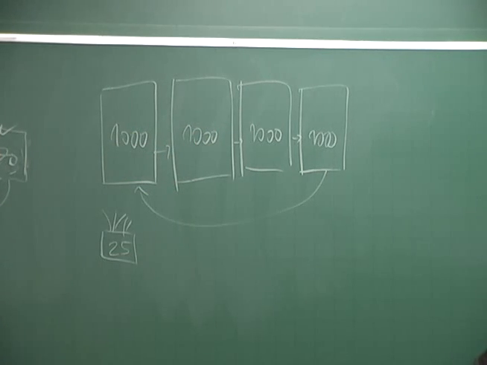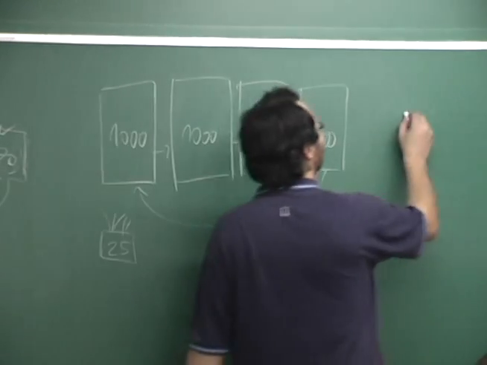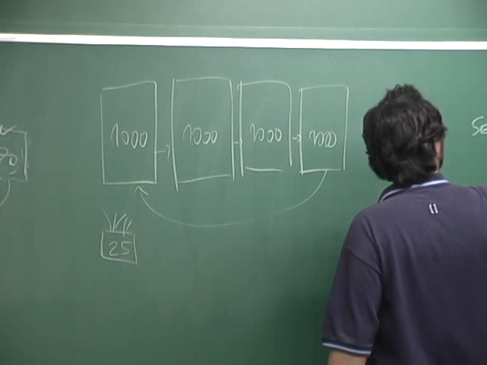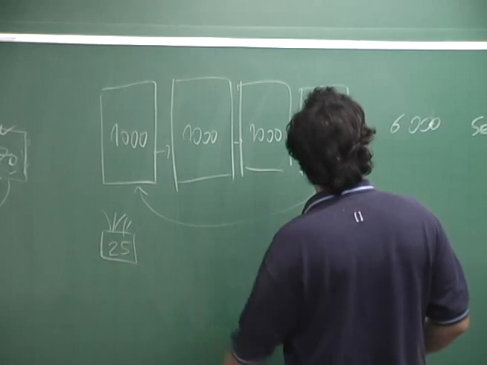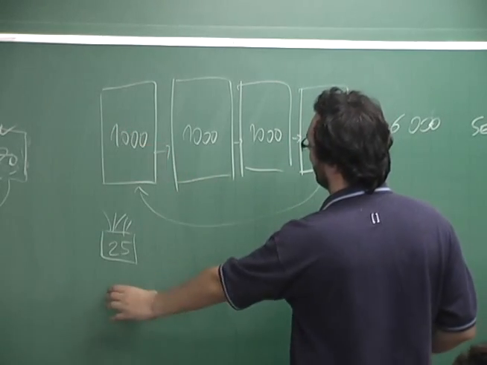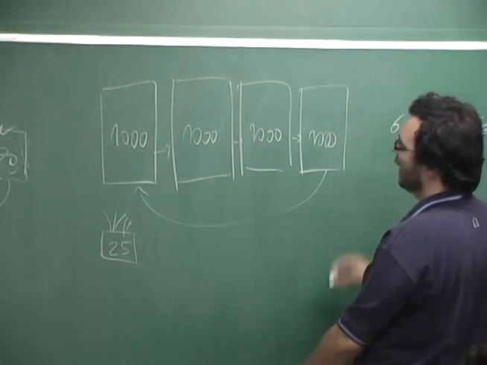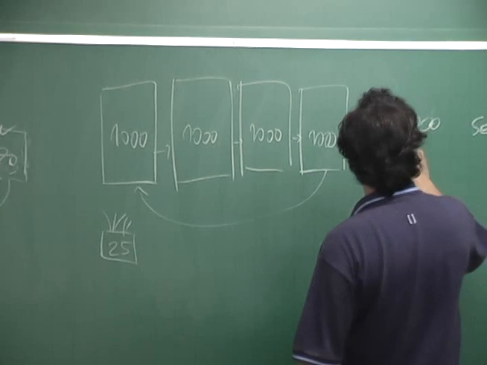inside. So if we were to solve this cycle separately, the cost would be 6,000. Using the small object, we will be doing 1, 2, 3, 4, 5 times moving a bookcase, plus 5 times moving the small object.